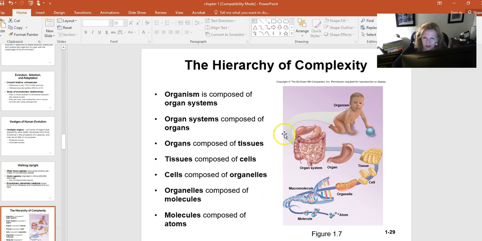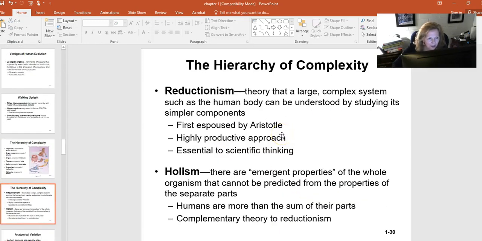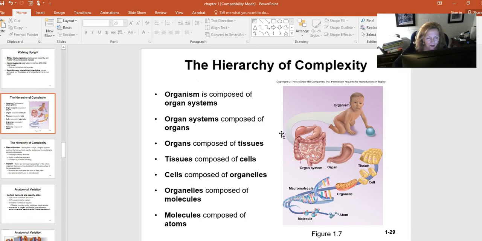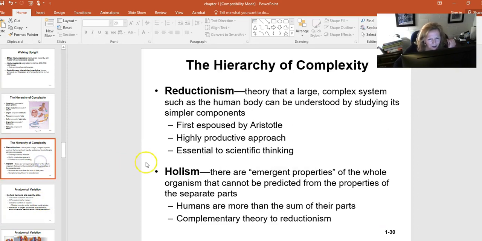And I do want you to know this hierarchy and how we need to understand this as far as how we're going to go about our approach in learning human anatomy and physiology.